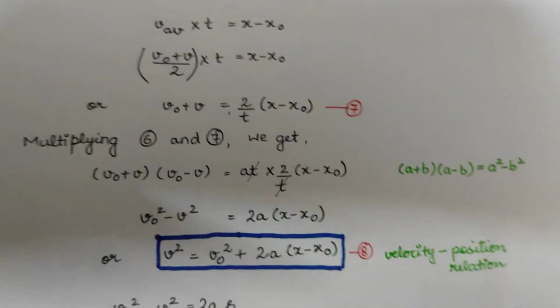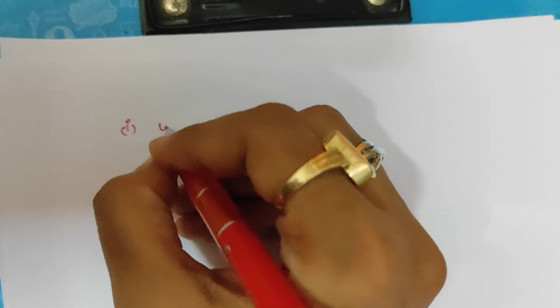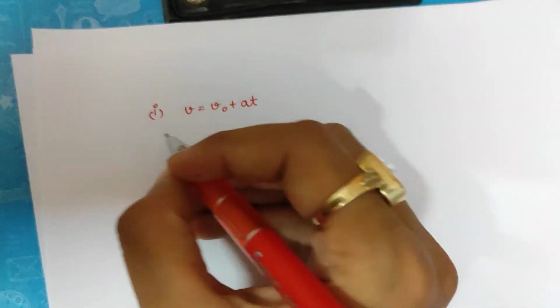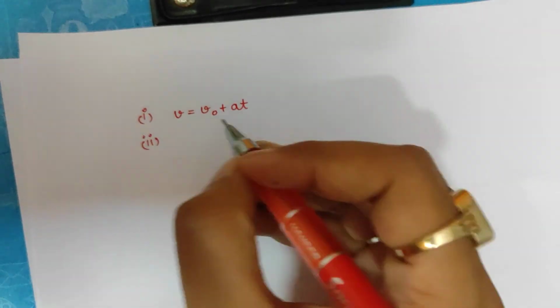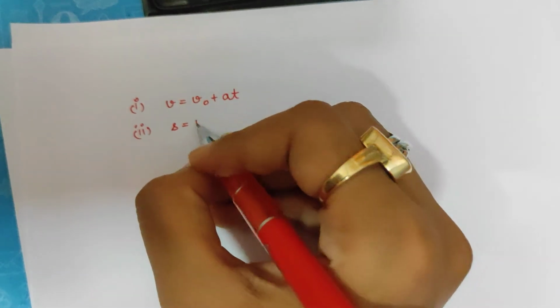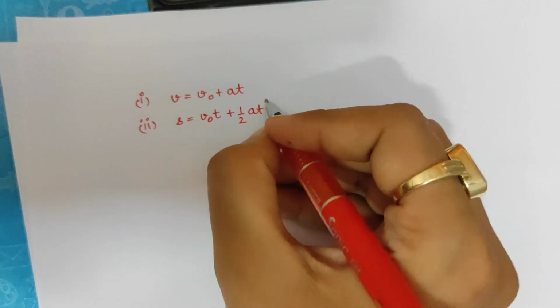So, to conclude, what are the three equations of motion? The first equation of motion was v is equal to v naught plus at. The second equation of motion which we got was s is equal to v naught t plus half a t square.